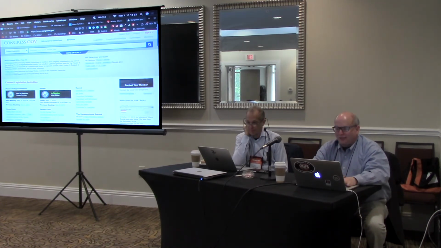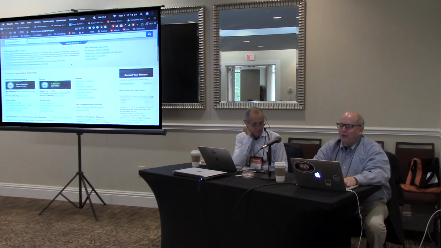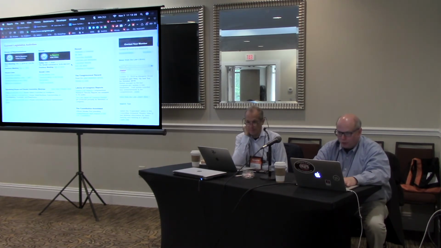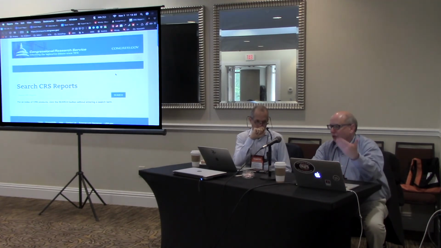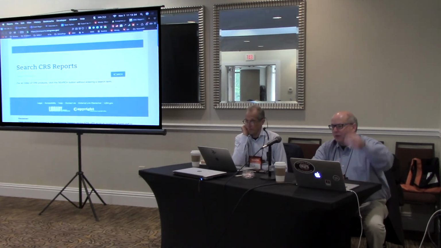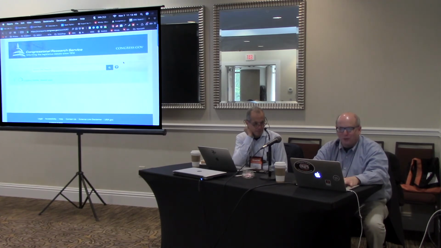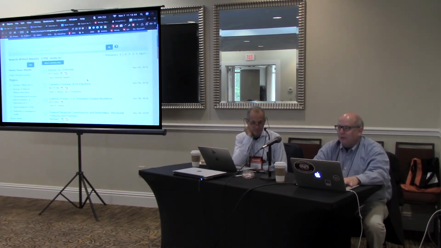I think it was last September that the official CRS web portal launched, and this is what it looks like. Have any of you ever used a CRS report? This is a premier research organization researching just about every topic under the sun, anything of interest to any member of Congress. They are constantly updated.